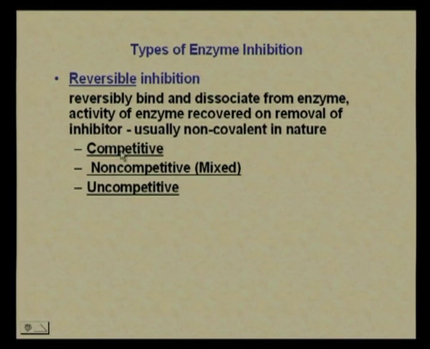The features of reversible inhibition again are a reversible binding and dissociation from the enzyme, and on removal of the inhibitor, the activity of the enzyme is recovered and the association is non-covalent in nature.